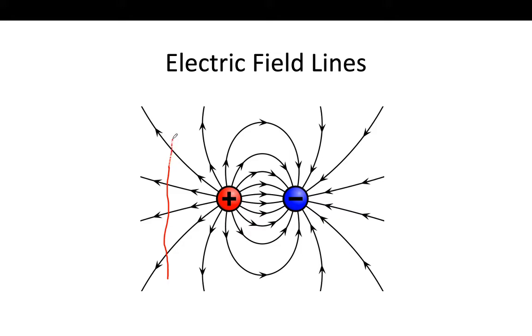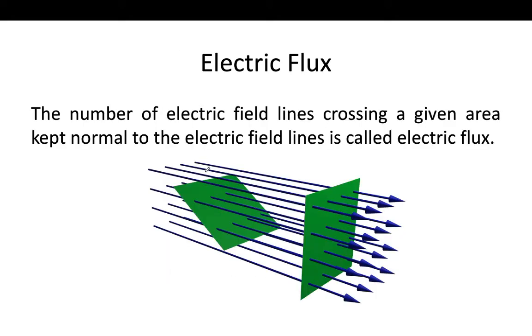So a surface is drawn here, okay. These are the electric field lines, and as per definition, it is the number of electric field lines crossing.